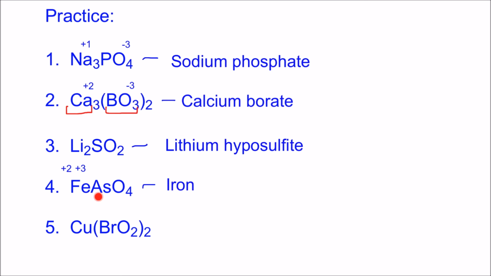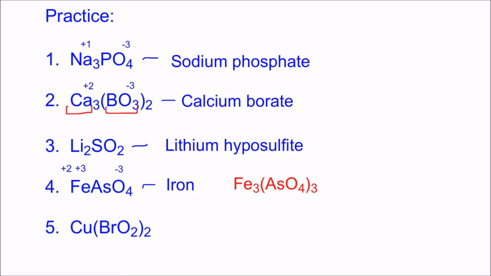Now let's look over here at our ASO4. Remember, PO4, BO3, and ASO4 are -3. So there should be a 3 right here when we crisscross, but there isn't. There's a 1. Now, the only reason that there could be a 1 there is if we have the +3 version of iron. So if we had brought a 3 down on the outside of our ASO4 and a 3 down here, they would have canceled.